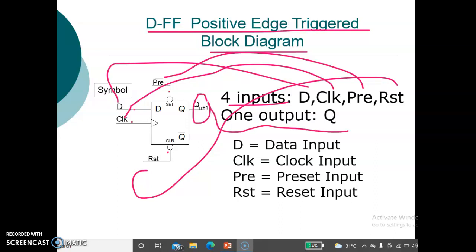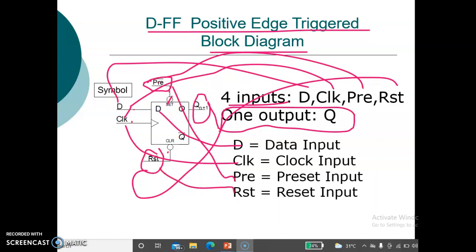This is the output. D for data input, CLK for clock input, PRE for preset input, RST for reset input.